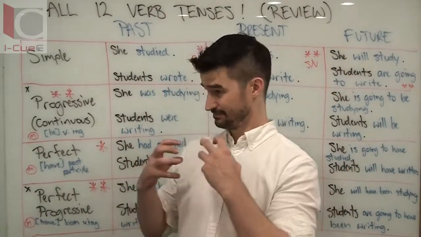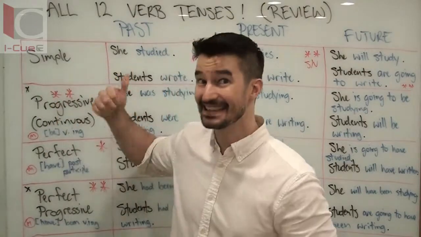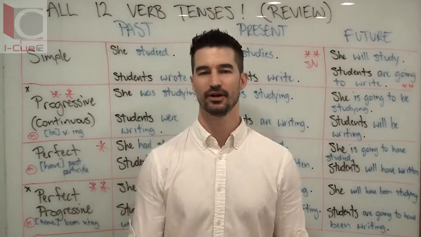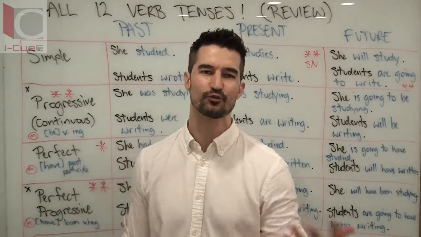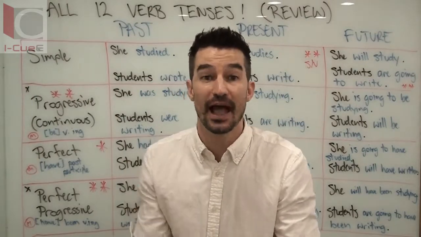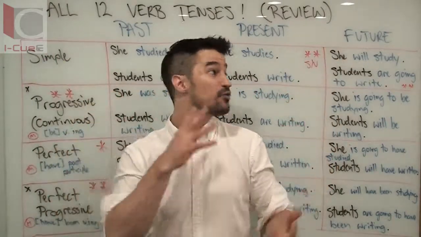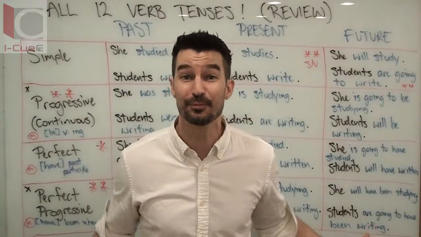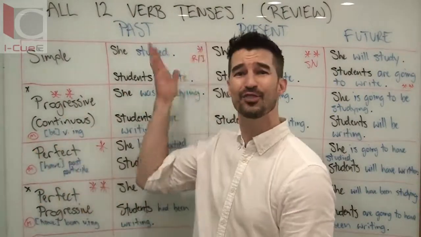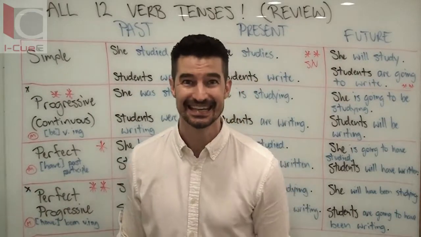Those are defined in the simple past tense, but I'm not doing all of this. If you don't know what the regular and irregular verbs are, look at our previous videos. If you don't know how to use any of these verb tenses, look at our previous videos. We've gone through all of these.